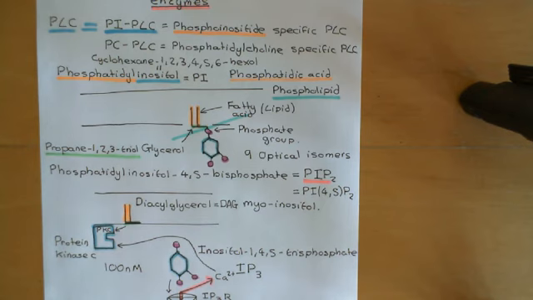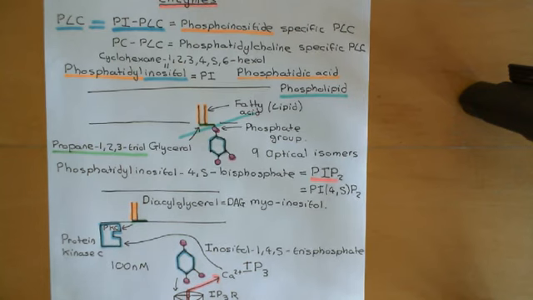So that's what phosphoinositide-specific phospholipase C enzymes do, and those are the subjects for this entire video. What we now want to turn our attention to is these enzymes in more detail. We want to look at the 13 different genes for phosphoinositide-specific phospholipase C enzymes.